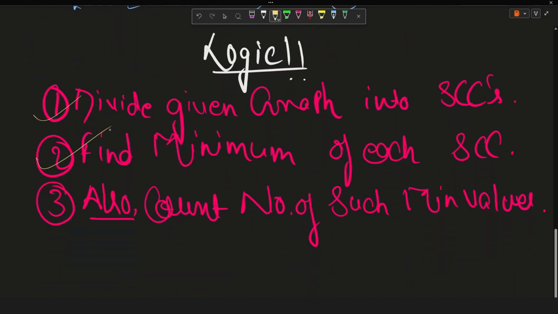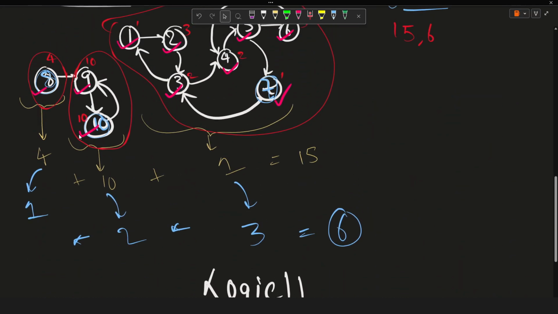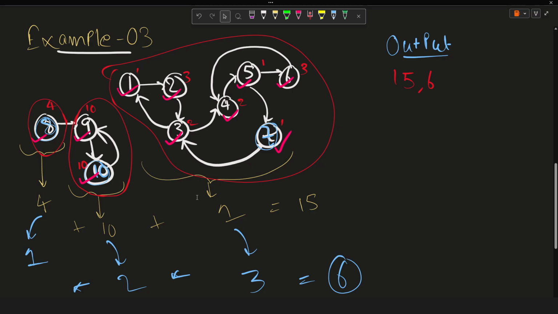So the first and second steps are done, and after doing these 2 steps, along with finding the minimum value for each SCC, we will also be counting the number of such minimum values, right? As you saw, in this example the number of minimum values present was 1 only. For this component the number of 10s present was 2, and for this component the number of 1s present was 3, right?